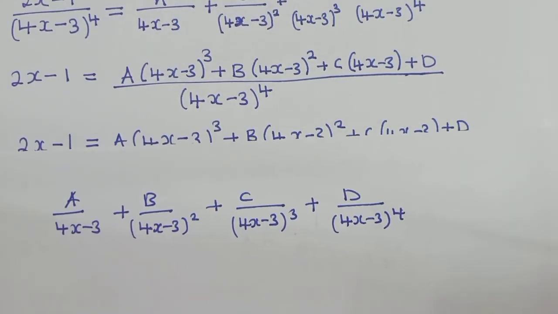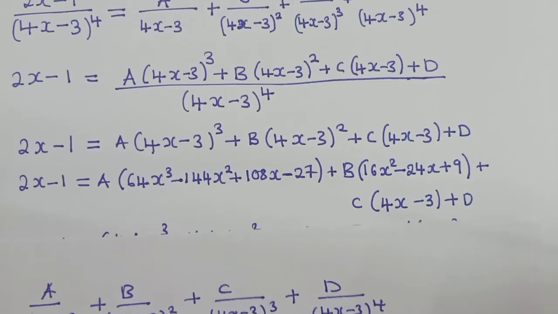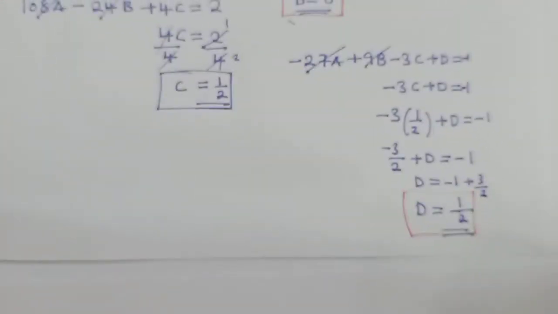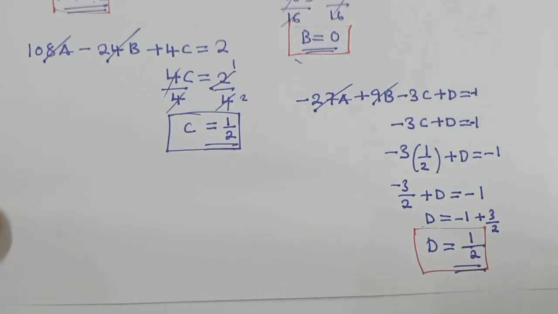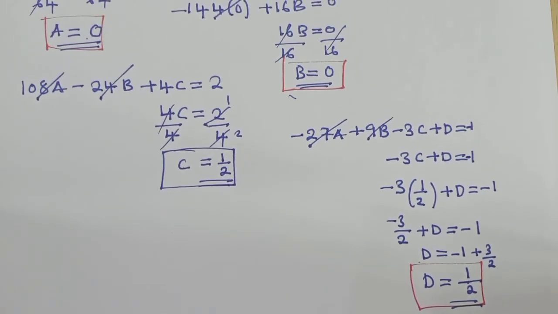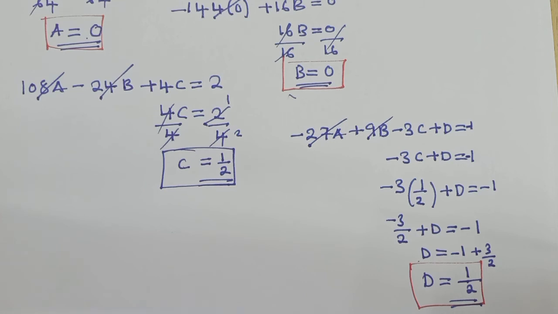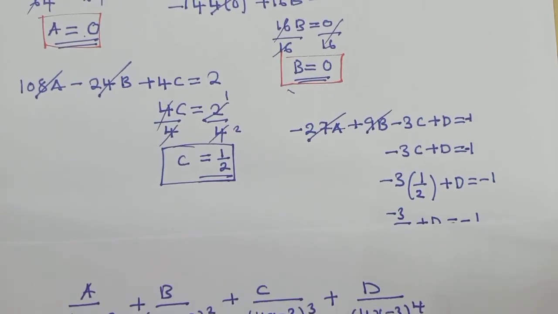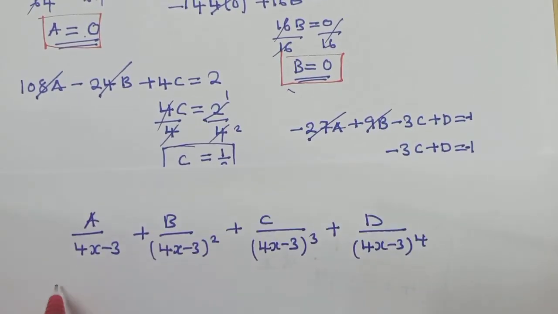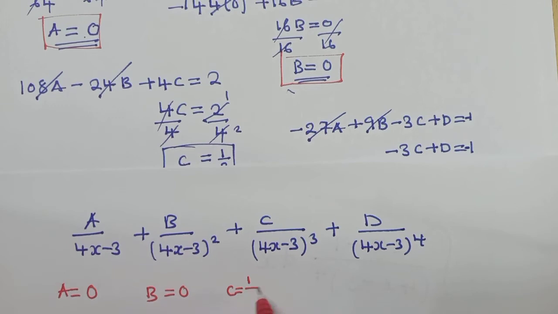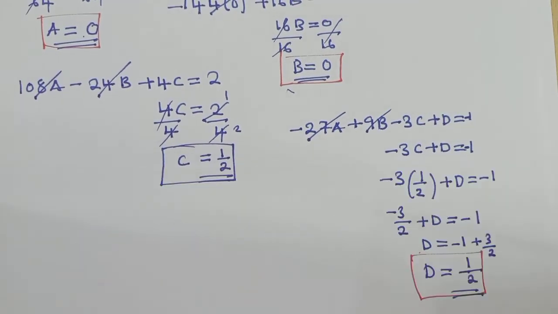There. So looking at what we did here, we know that the values that we've found: the value of A is equal to 0, B is 0, C is 1 over 2, D is 1 over 2, right here, okay?